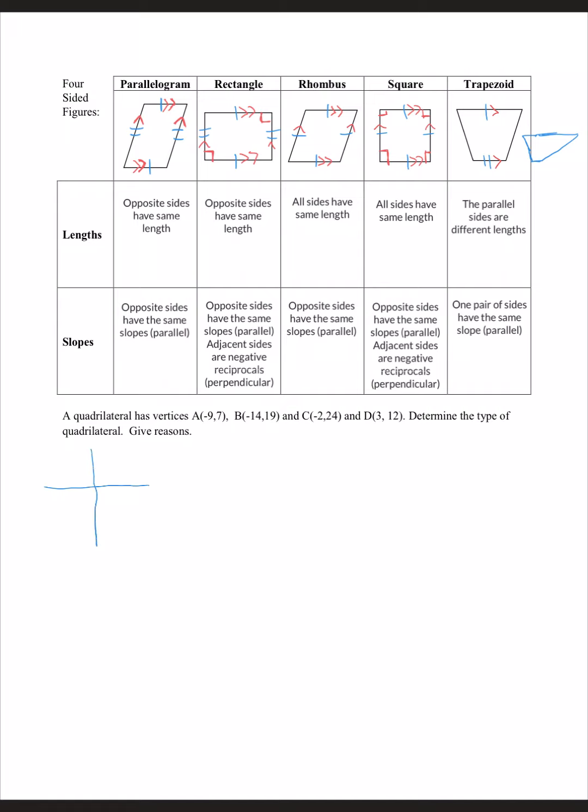So our first point is at -9 and 7. So we'll put that somewhere over here. Okay, our next point is at -14 and 19. So we'll put that somewhere over here. And then C is at -2 and 24. And then we have 3 and 12.